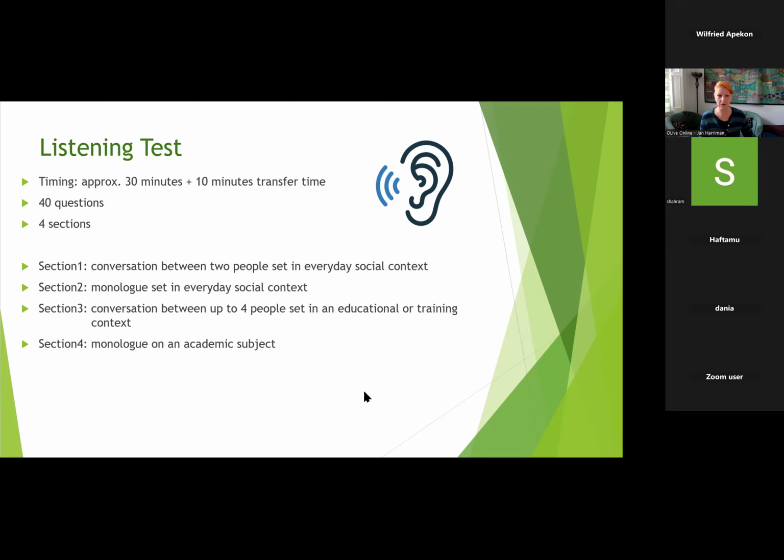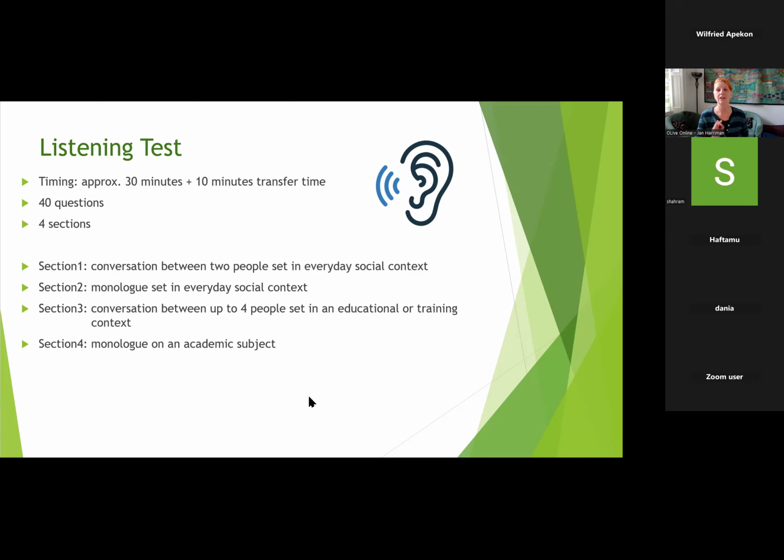The third section is a conversation between up to 4 people, usually 2 or 3, talking about a homework assignment or possibly talking with a professor as well, or a lecturer. And then the 4th section is simply an academic lecture.